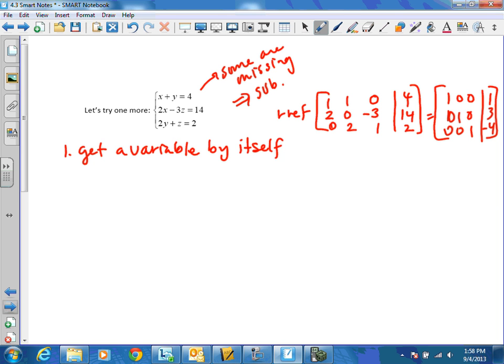Shannon, which one do you want to get by itself? Let's label these line 1, 2, and 3. Okay, we're going to do the number 1, Y. So here Y is going to equal what? 4 minus X, or negative X plus 4.